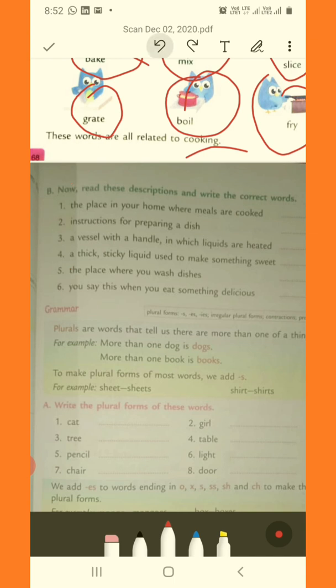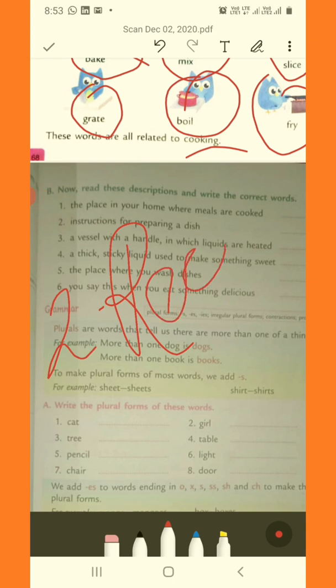Instructions for preparing a dish. What instructions are given while preparing a dish, and what name is given to that set of instructions? What do we call it? We call it recipe. Okay, the spelling is RECIPE, recipe.